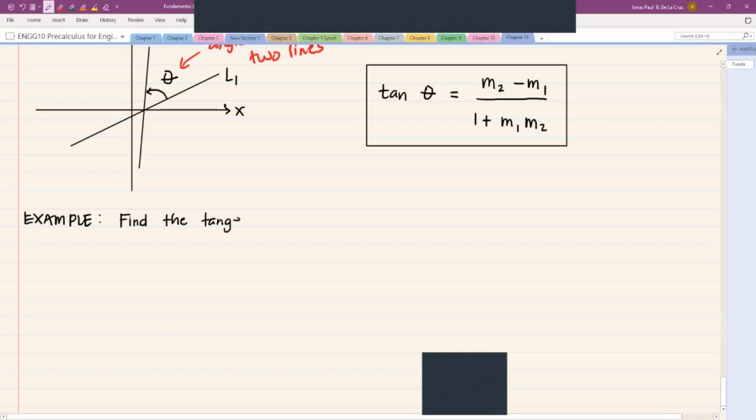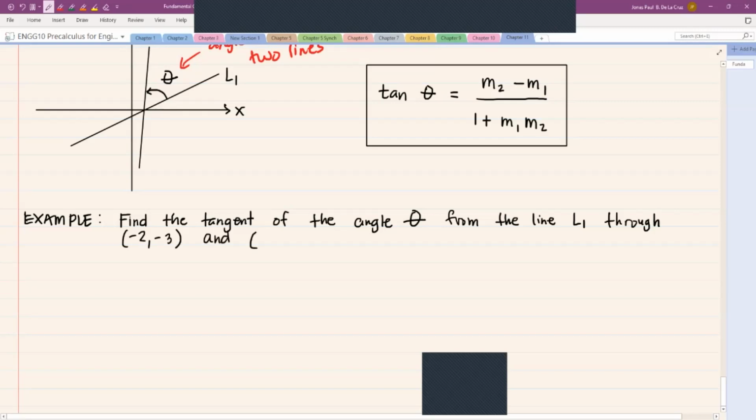Find the tangent of the angle theta from the line L1 through (-2, -3) and (4, 3) to the line L2 through (-1, 6) and (3, -2).